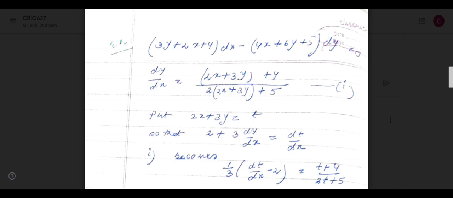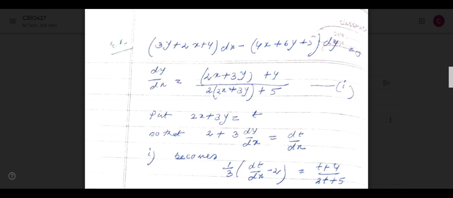Are you getting dy/dx = (2x + 3y + 4) / (2(2x + 3y) + 5)? Here, what are a and a'? Is it fulfilling the condition a/a' = b/b'? Can you check?